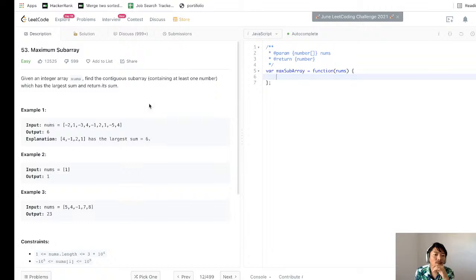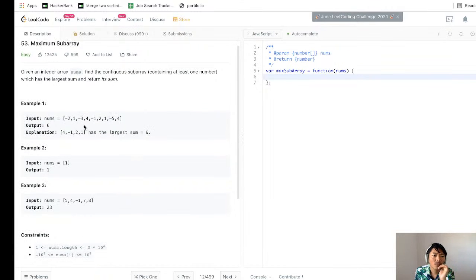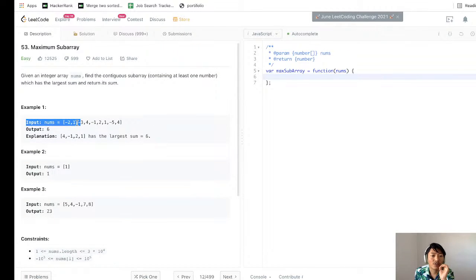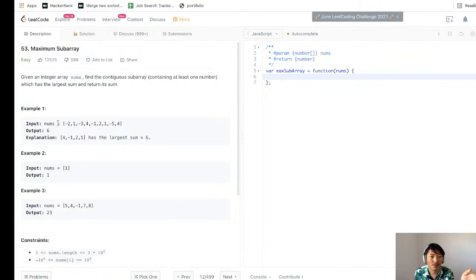These are the examples, and it's like a substring, I guess. So 3, -3, and 4 are a subset of nums, and 4 and -2 are also a subset of this array. But what they are talking about is a contiguous subarray, which means a continuous subarray.